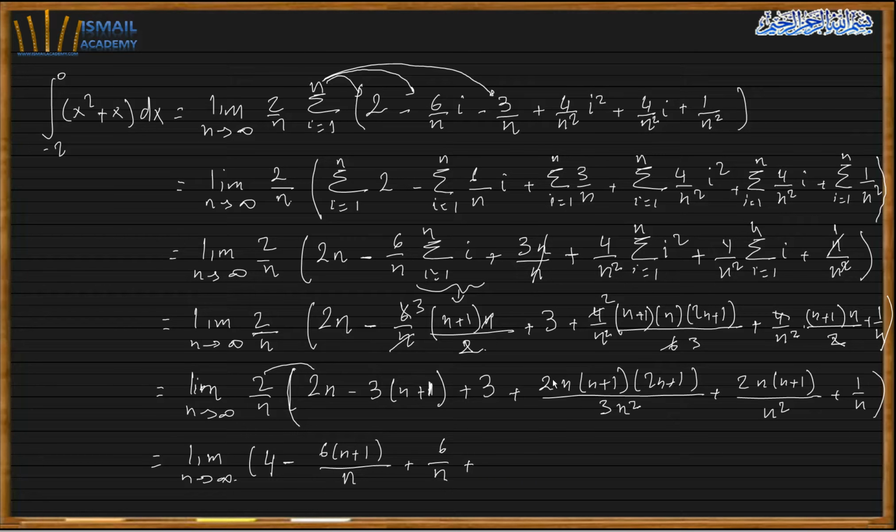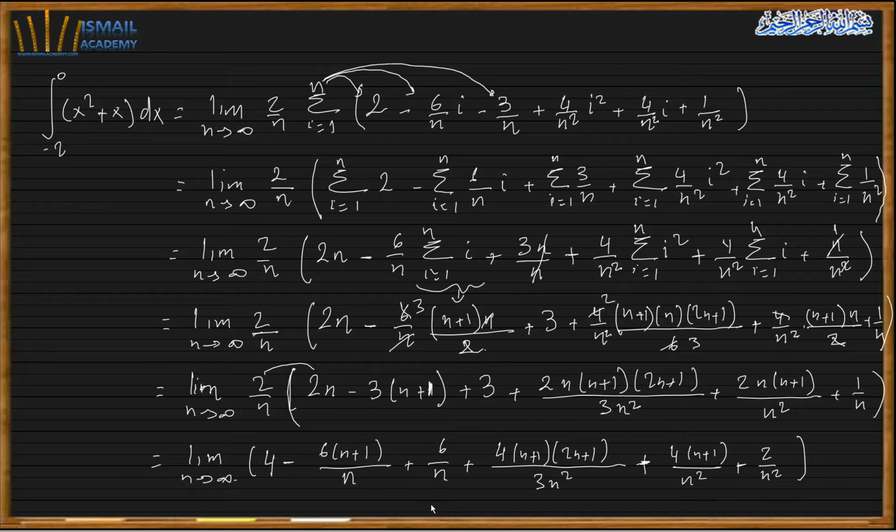Here I will have 4, the n and the n cancel out, so it's going to be 4(n plus 1)(2n plus 1) over 3n squared. And here again it's going to be 4, the n will cancel out, so it's going to be 4(n plus 1) over n squared, and here is going to be just plus 2 over n squared.